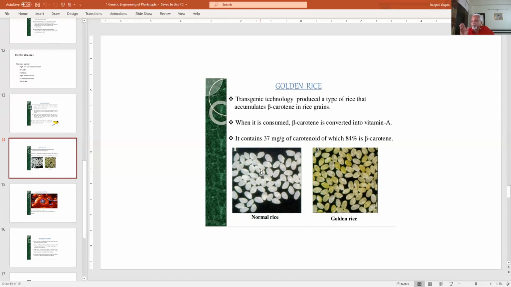But here, the point I'm trying to make is the production of golden rice. Now, this golden rice basically produces vitamin A along with other proteins and carbohydrates.